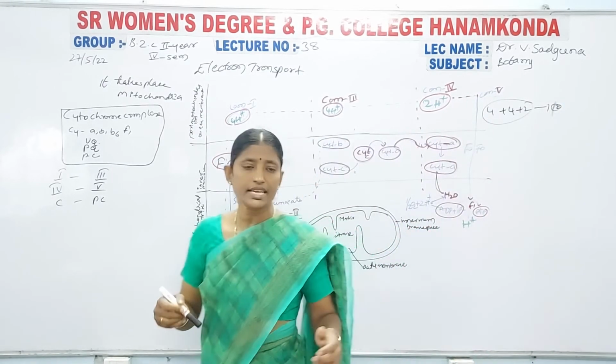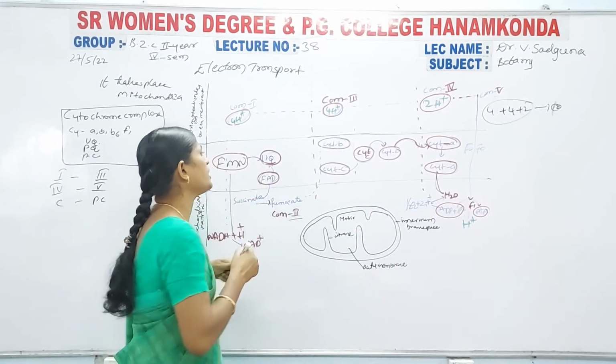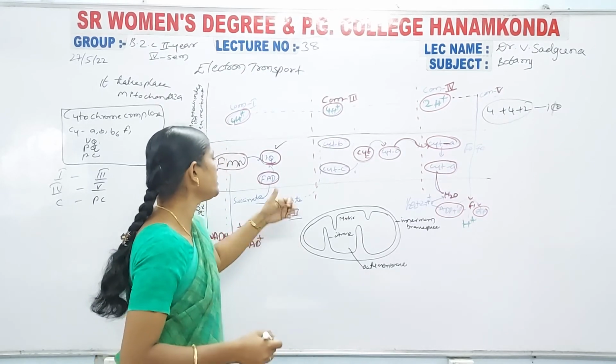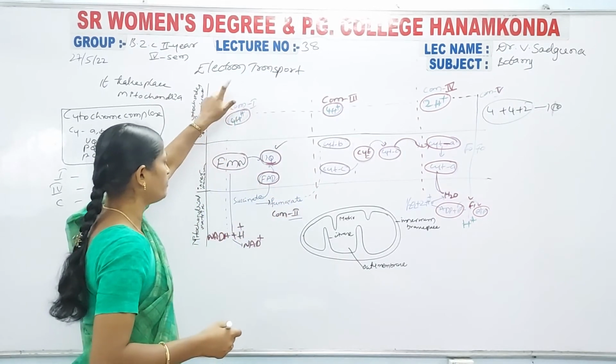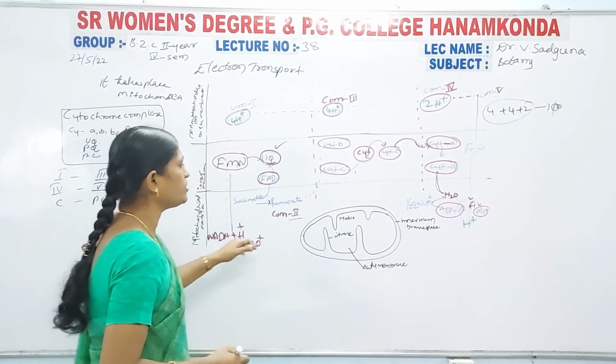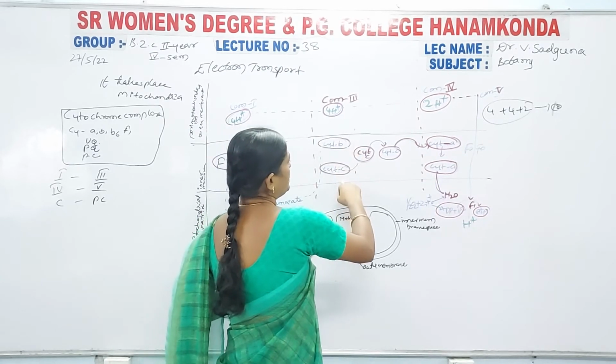So here mostly the utilization of the ubiquinones. Whenever it goes into complex 1, then the formation of ubiquinone, then the conversion of the 2 in the way of completing the B and C complexes.